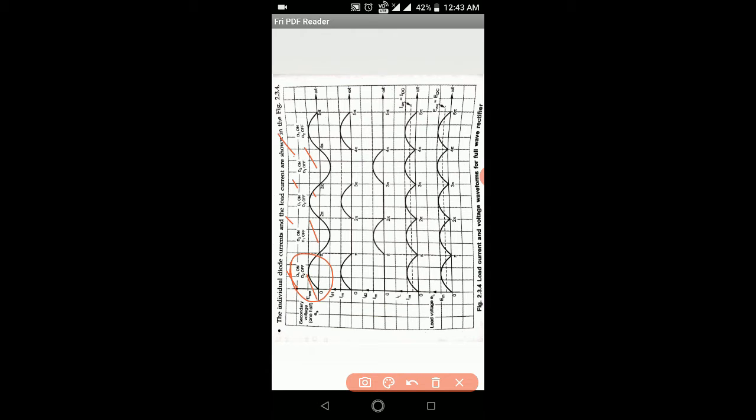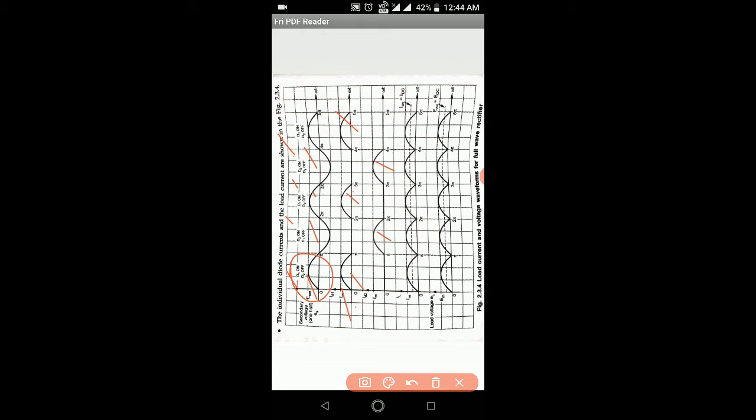Here we obtain the load current for the positive half cycles, and again for the negative half cycles, when diode D2 is on, we get this cycle.